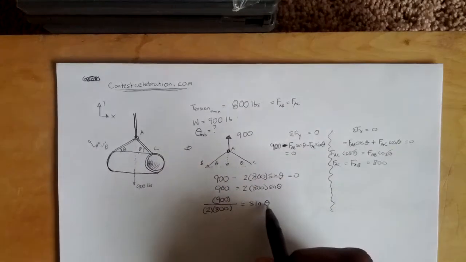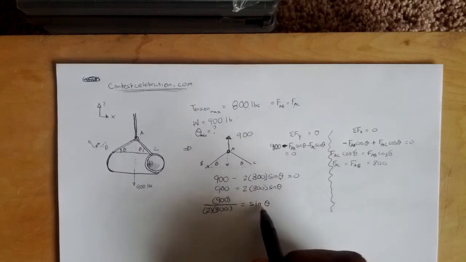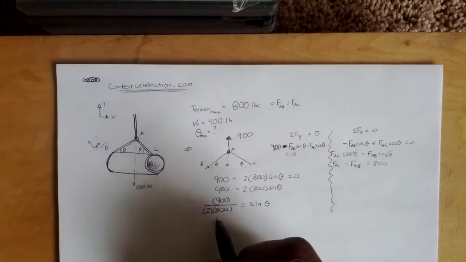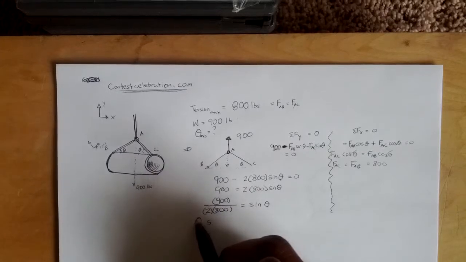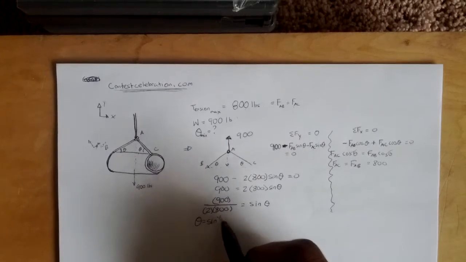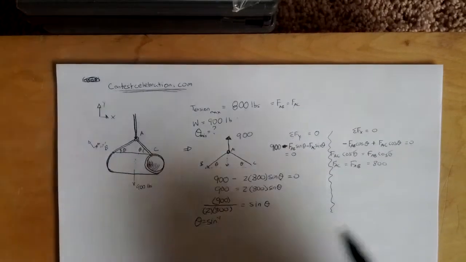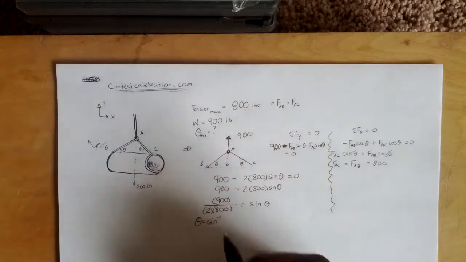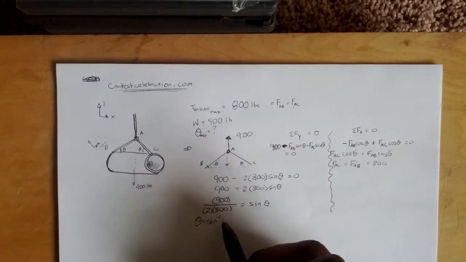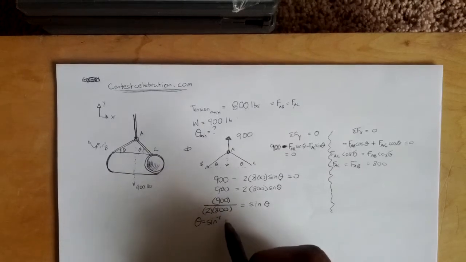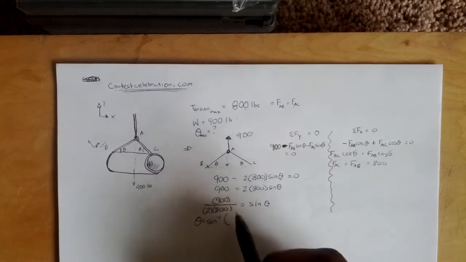Now to get theta, you have to apply the inverse sine. So theta is equal to inverse sine, and the way you notate that is like this, or you could say arc sine. Some people like one way or the other. I typically use inverse sine, and no, this isn't sine to the -1. So we can break this fraction down.